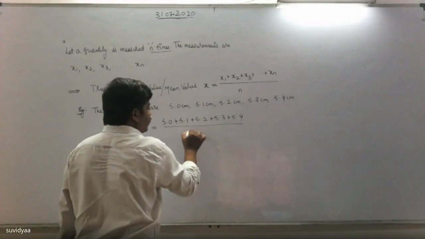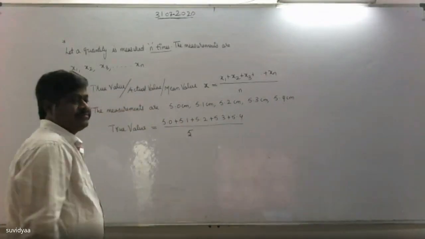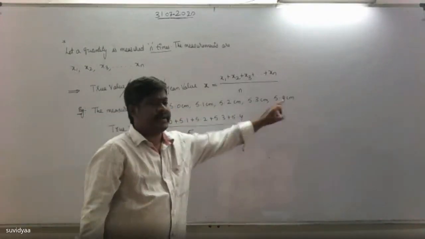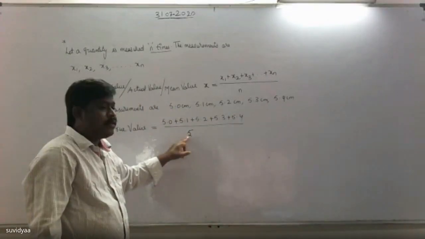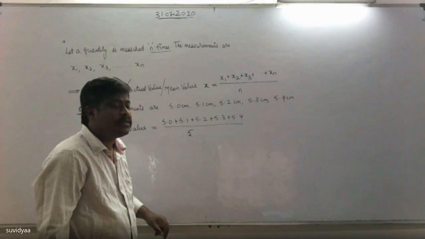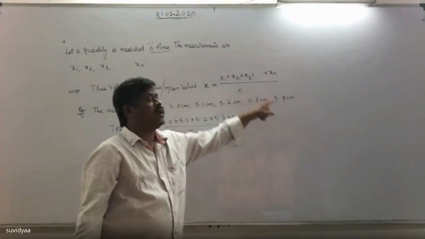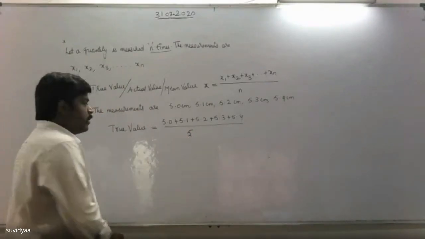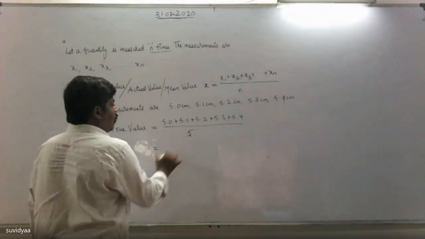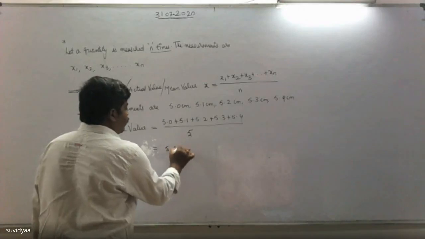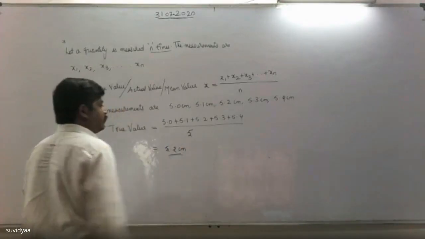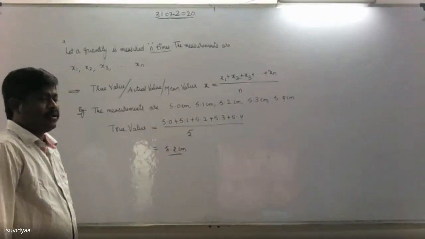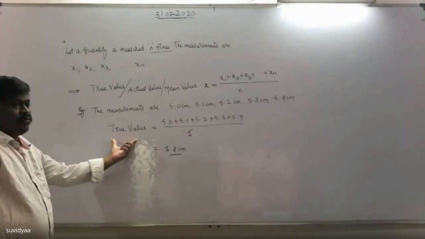So divided by 5. You are going to get 5.2 centimeter. Yes or no? 5.2 centimeter only. Understood how to find true value?